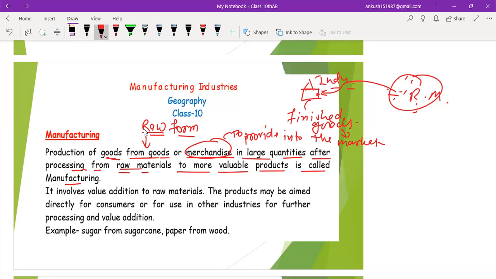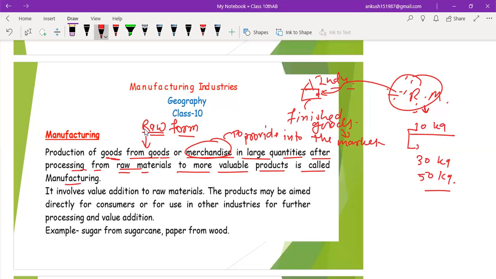Suppose this is a raw material costing 10 rupees per kg. The finished goods produced would not cost only 10 rupees, they might cost 30 or maybe 50 per kg. All the costs would be added and it would be provided to the customer with the new value or new MRP.